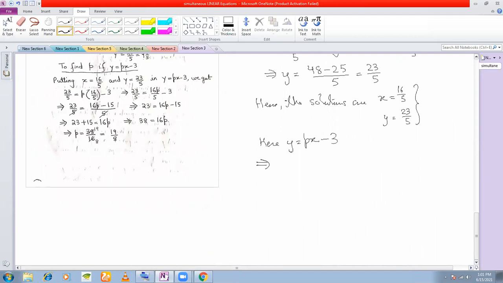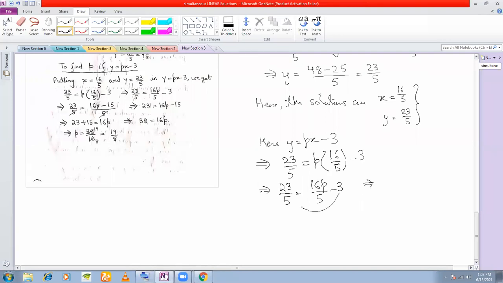You put the value of x and y. y here is 23 by 5 and x here is 16 by 5, minus 3. Now this is again a linear equation in p, you can solve a simple equation. This is 23 by 5 is equal to 16p by 5 minus 3.